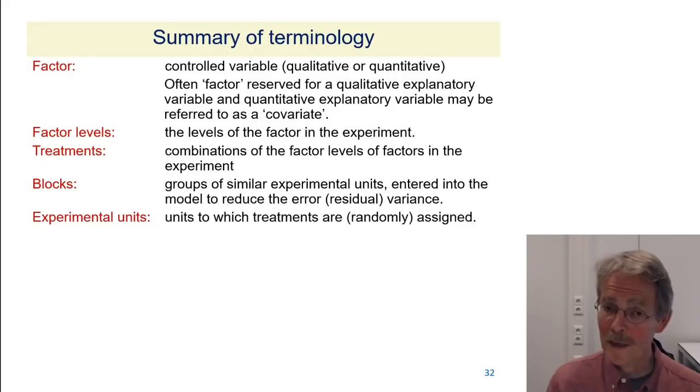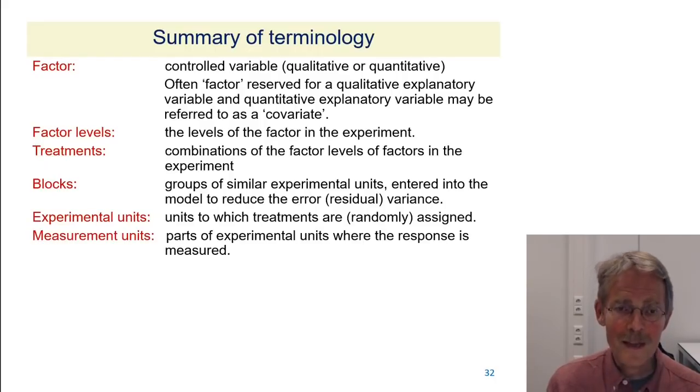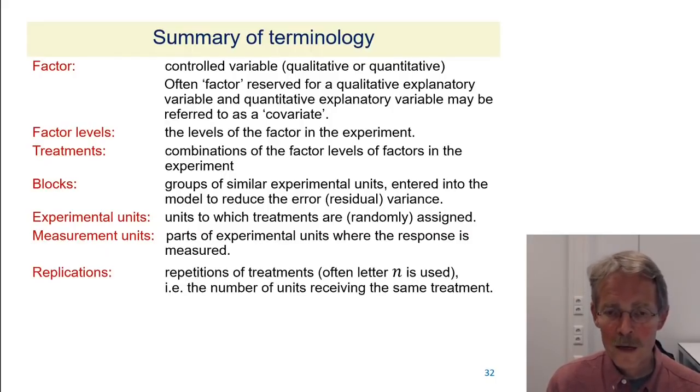Experimental units in an experiment where you can randomize, they are the units to which the treatments are assigned. And the measurement units are actually the units, maybe within these experimental units, which are actually measured, where the response is measured. You will see more about these two types of units in the next two examples. Replications.